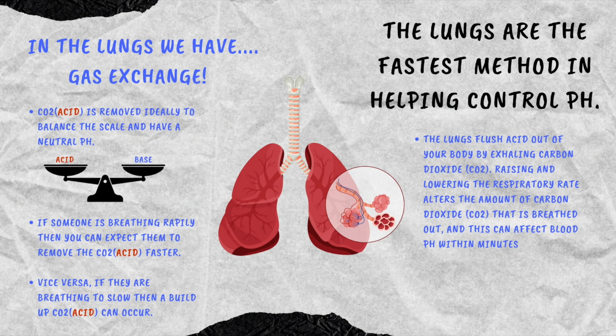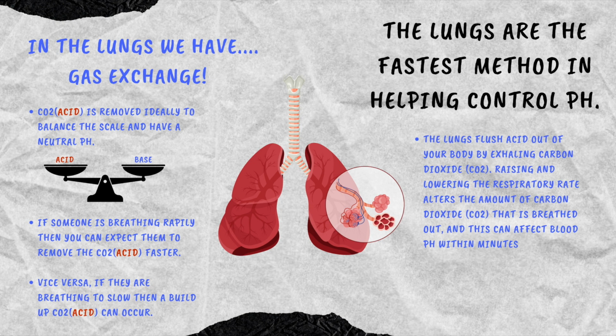So let's talk about lungs first. So in the lungs, you exchange gas. So we breathe in, and when we exhale, what? Carbon dioxide, or carbonic acid is another word for it. So as we do this, our body is regulating with each breath the acid-base balance.